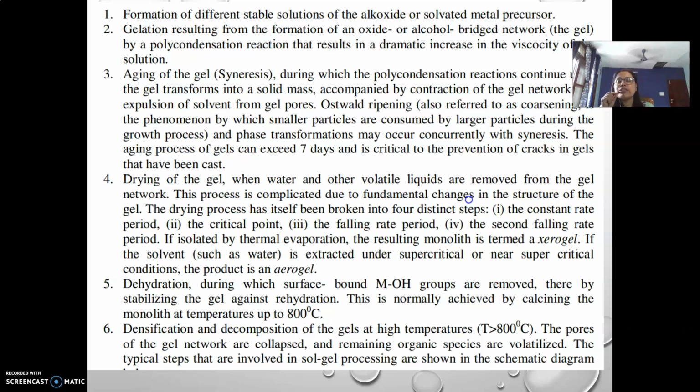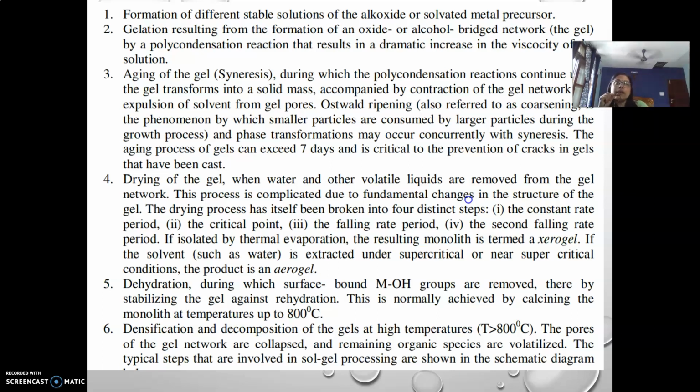Once the gel is dried, that means when all the solvent, whether water or a volatile liquid, is removed from the gel, that will lead to the formation of the final nanomaterial.